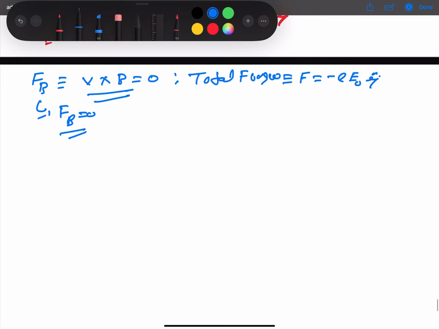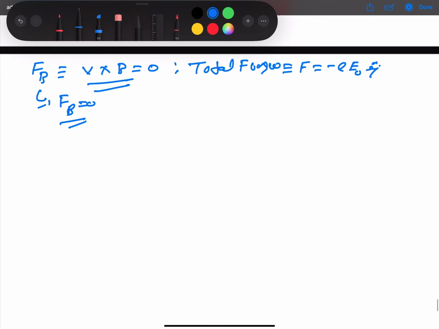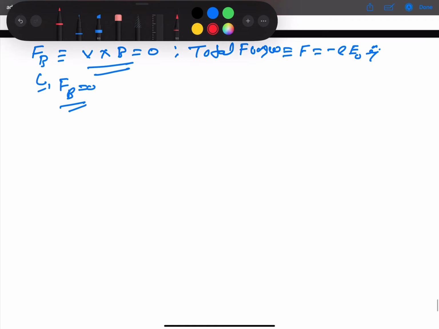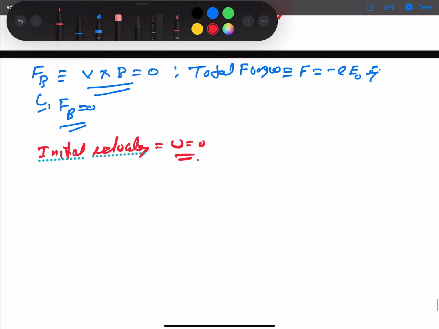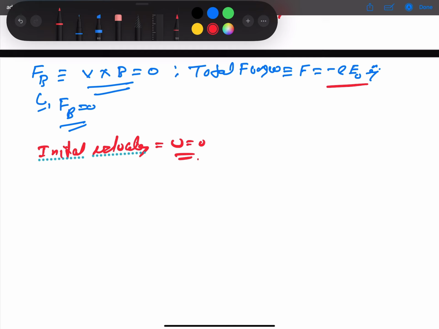And initial velocity is given as V is equal to 0. So it means the particle starts at origin and the only force acting on this particle is our electric force.